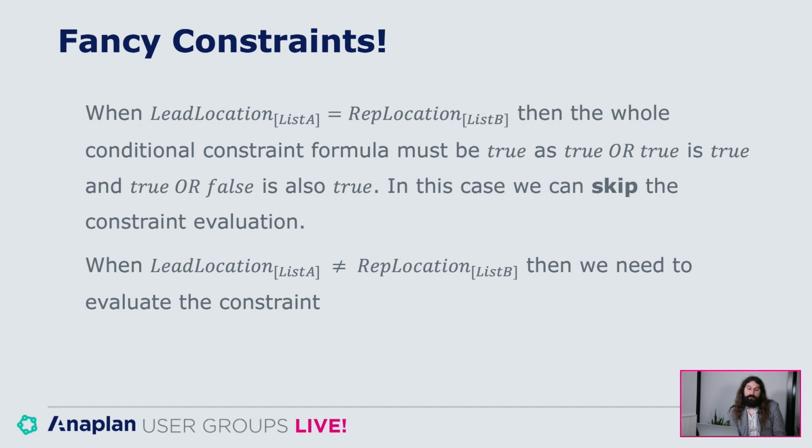And it is always true because of OR. True or true is true, and true or false is also true, because we only require one true. So we can actually skip the evaluation of this whole constraint just by using this condition. And when it's not true, then we know we need to look at the other side. We need to look at the constraint, and then we need to evaluate it in Optimizer.